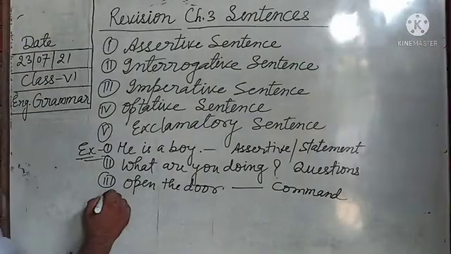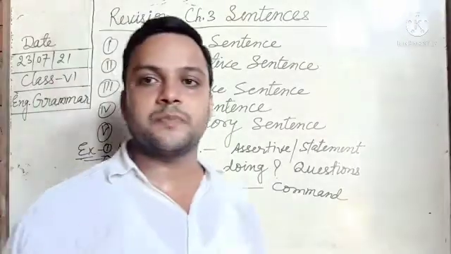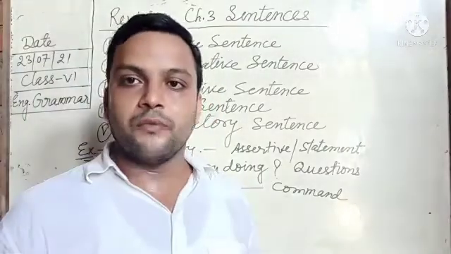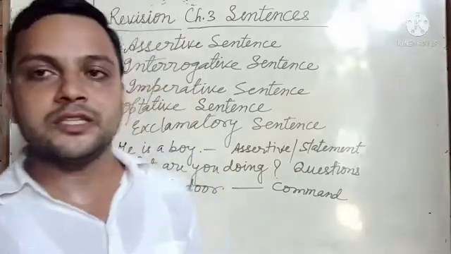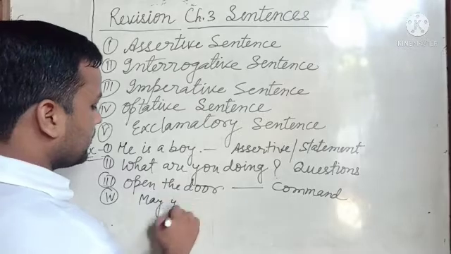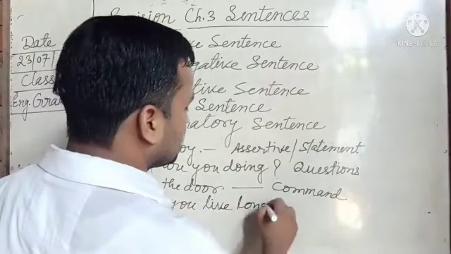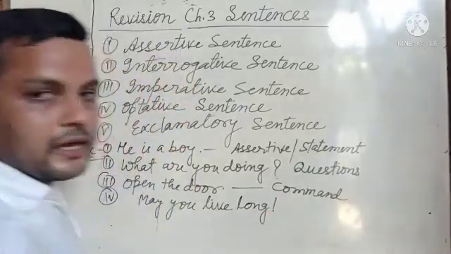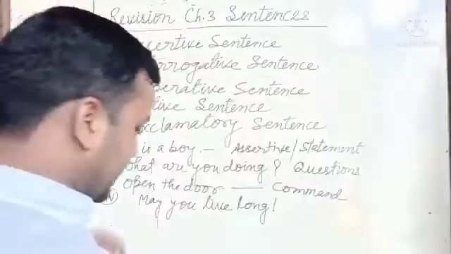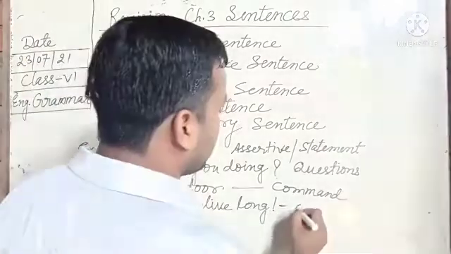Next one is optative sentence, the sentence which expresses a wish or prayer. For example, may you live long. Students, an optative sentence ends with an exclamation mark.